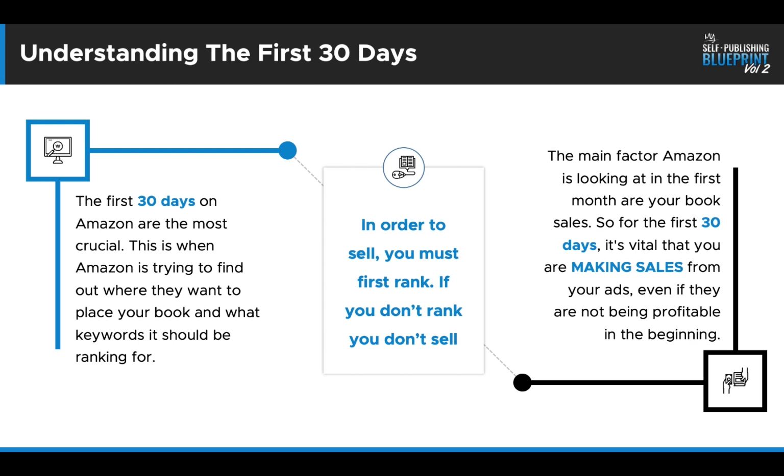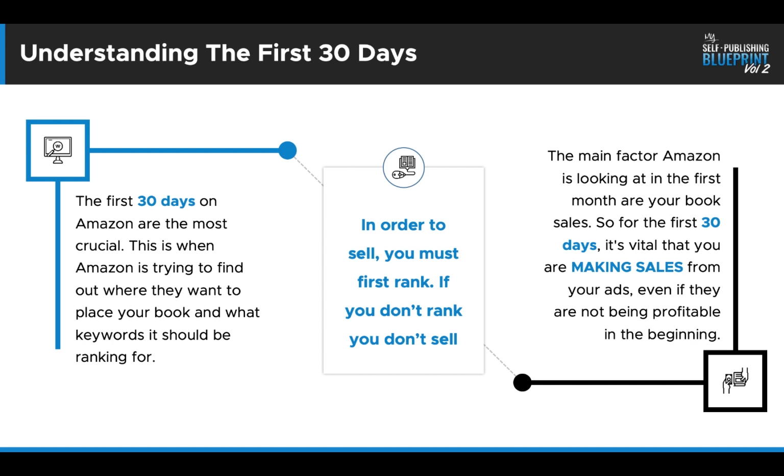So let's first talk about the first 30 days of a book. We've spent a little bit of time talking about this in some previous lessons, but the first 30 days that your book is live and selling on Amazon are the most important. This is when Amazon is trying to find out where to place your book and what keywords it should be ranking for.